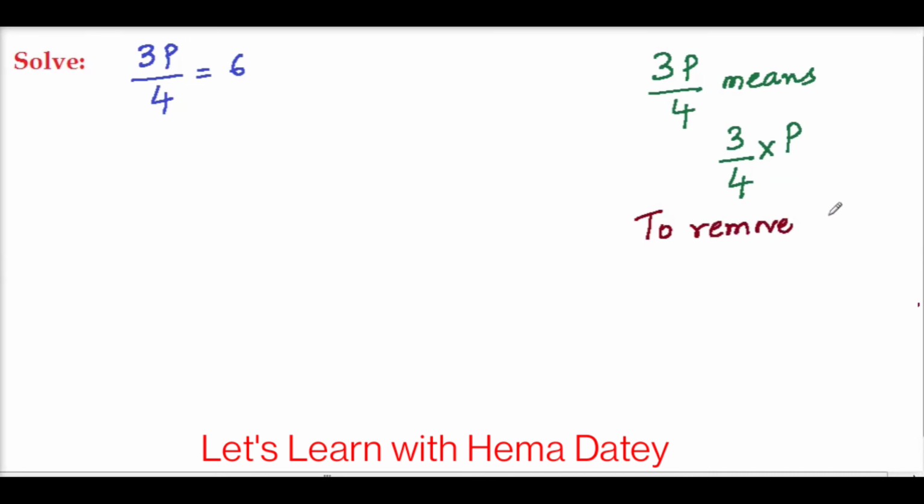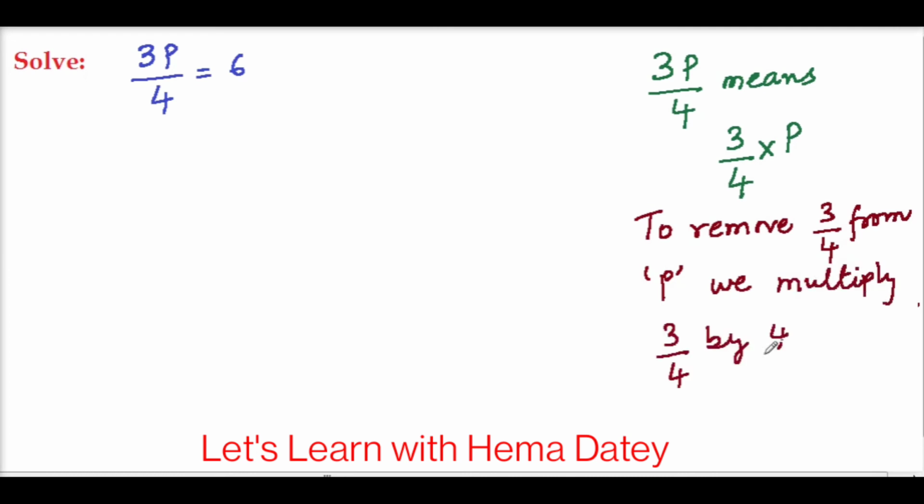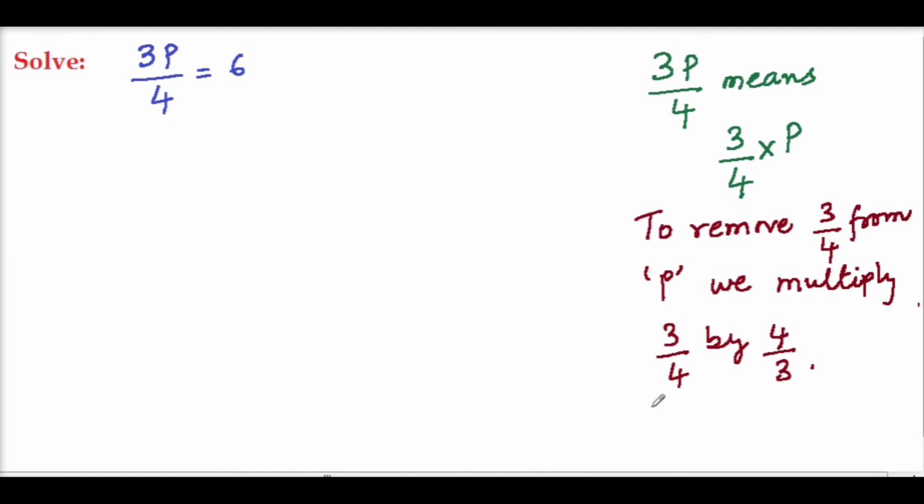So to remove 3 by 4 from p, we multiply by 4 by 3, because 3 by 4 multiplied by 4 by 3 gives us 1. 3 can be cancelled, 4 can be cancelled, and we get 1.